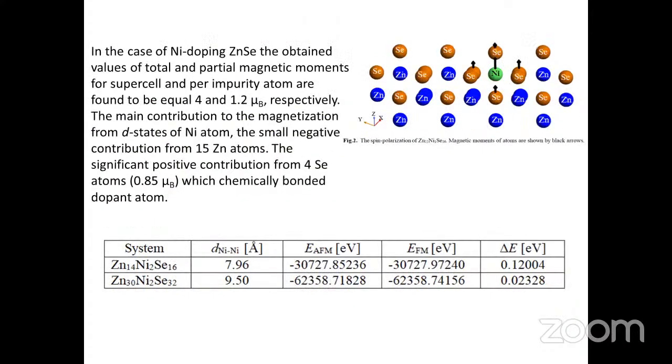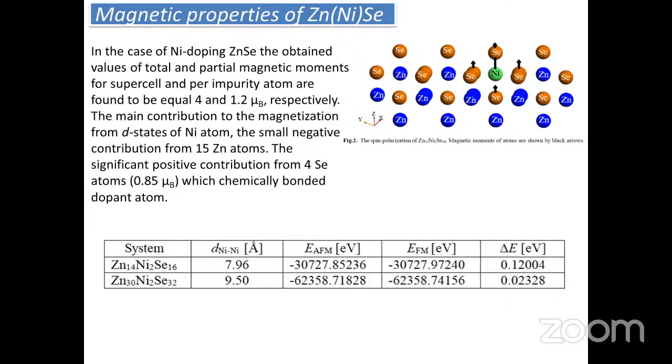In the case of nickel doped zinc selenide supercells, the total magnetic moment for this system is equal to 4 Bohr magneton, and for the nickel atoms, the local magnetic moment is about 1.2 Bohr magneton. The main contribution to the magnetization is from d states of nickel atoms, with a small negative contribution from zinc host atoms of the spatial structure.